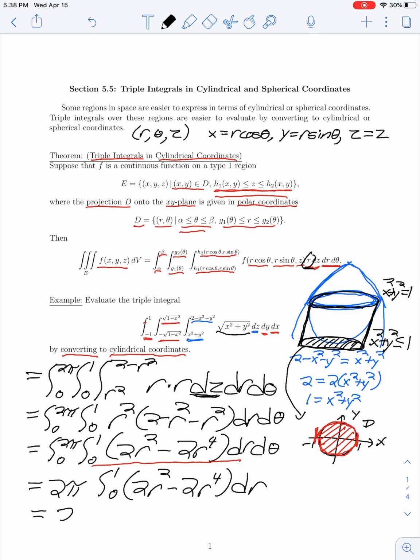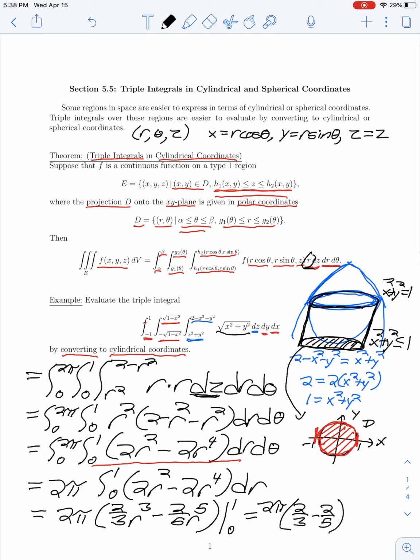So we now have 2 pi times our antiderivative, which would be 2/3 r cubed minus 2/5 r to the fifth, evaluating from 0 to 1. So we're left with 2 pi times 2/3 minus 2/5 when we plug in 1 for r.